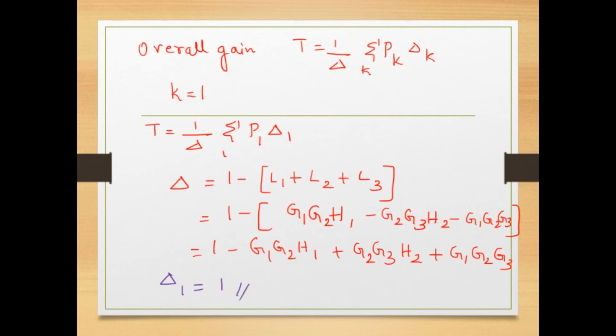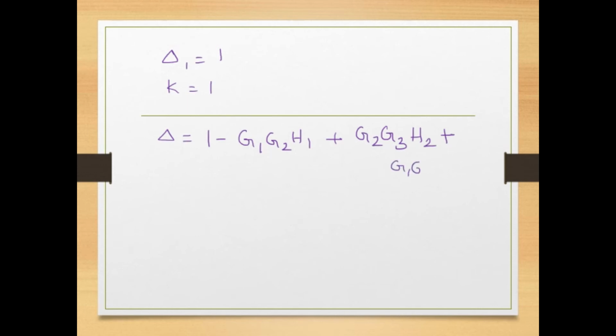Using this, we obtain the transfer function. We have delta 1 equal to 1, K equal to 1, and delta equal to 1 minus G1, G2, H1 plus G2, G3, H2 plus G1, G2, G3. What remains is P1, which is G1, G2, G3.